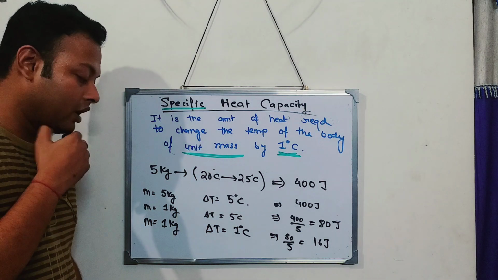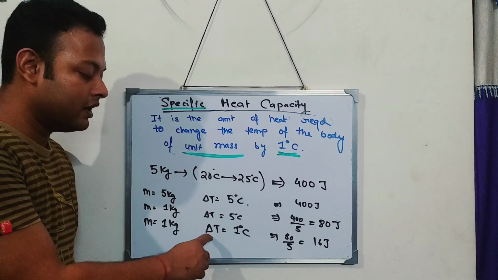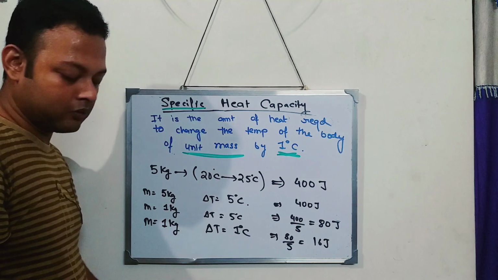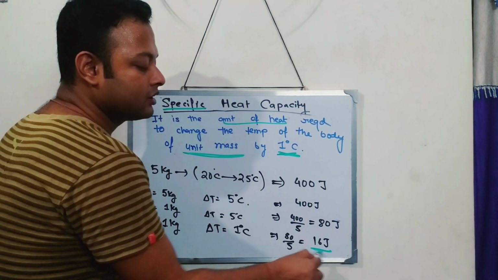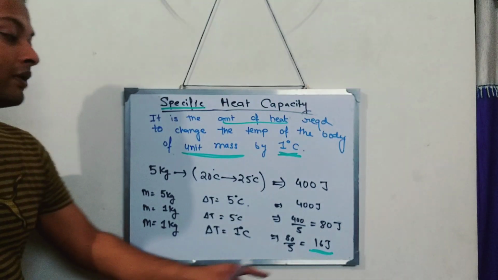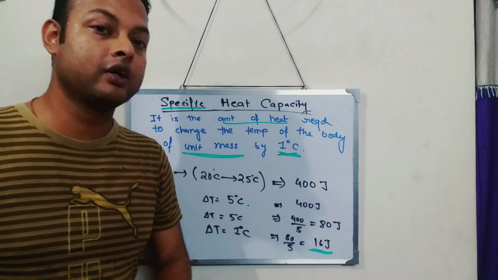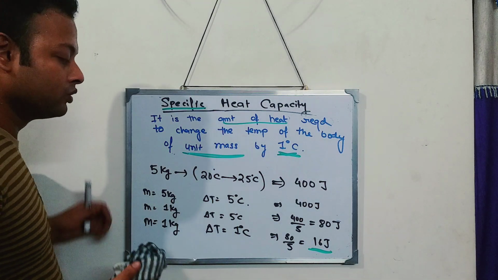So a body of unit mass increases the temperature by 1 degree, then the amount of heat required is this 16 joule. So my 16 joule is the specific heat capacity of this body.